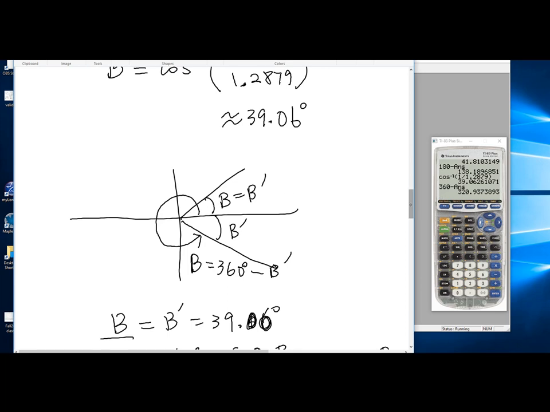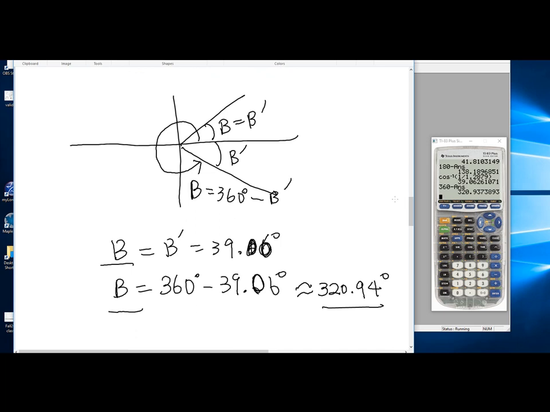So 39.06 is one of the angles. The other one: cosine is positive again in the fourth quadrant, which is 360 take away the reference angle. So 360 minus 39.06. So there are two angles, quadrant 1 and quadrant 4, which is 360 take away the reference angle, 320.94 degrees.